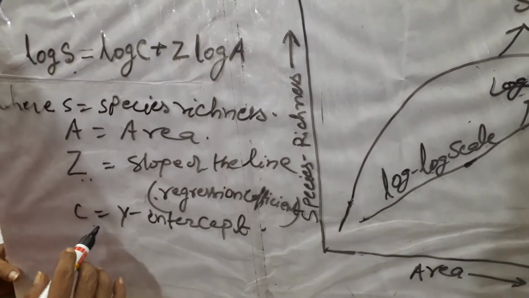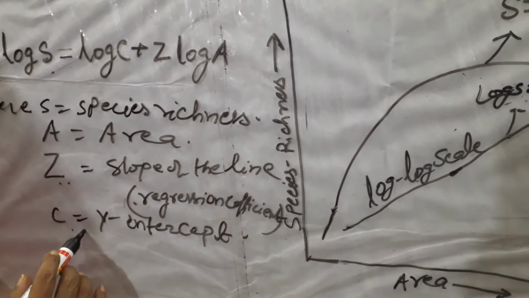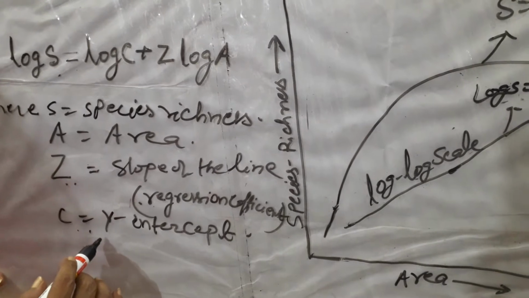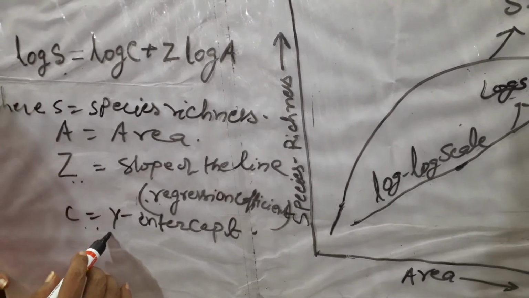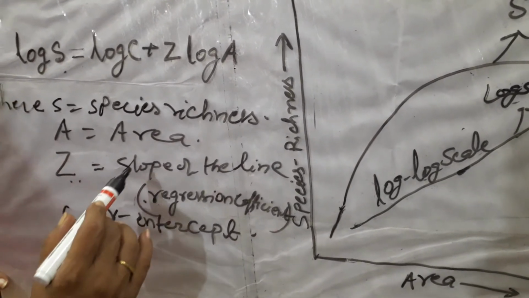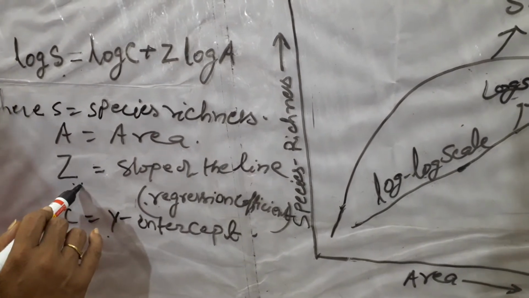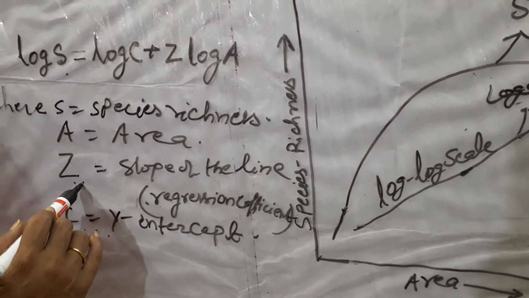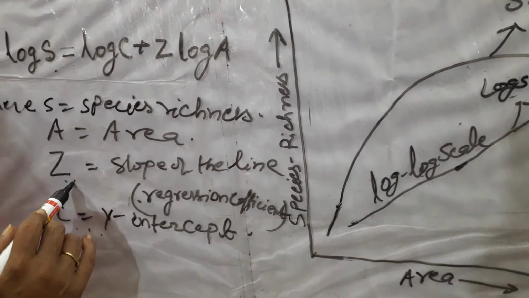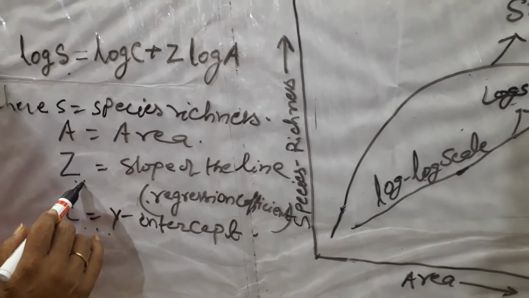However, the analysis in a very large area like a whole continent gives a Z value that ranges from 0.6 to 1.2.